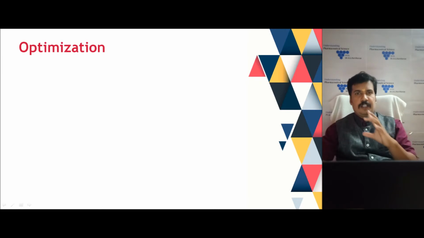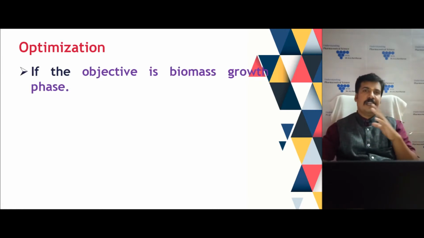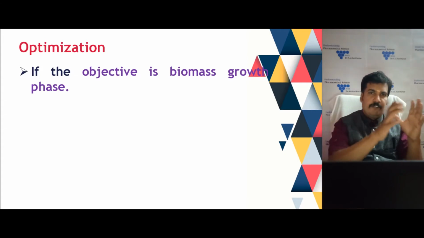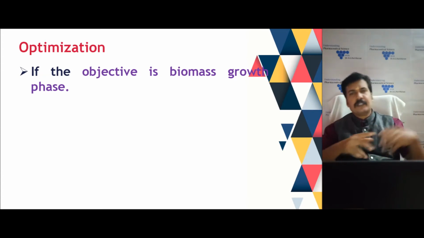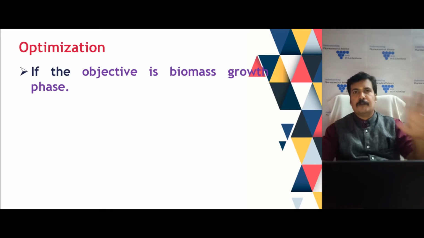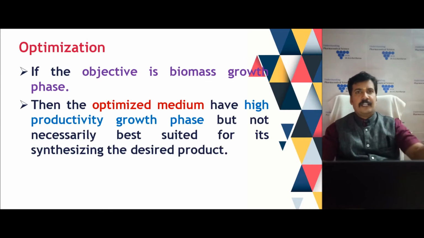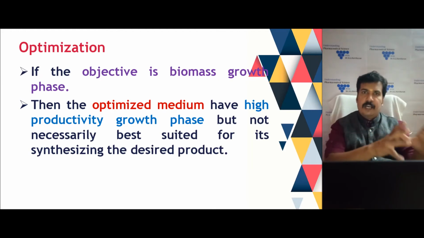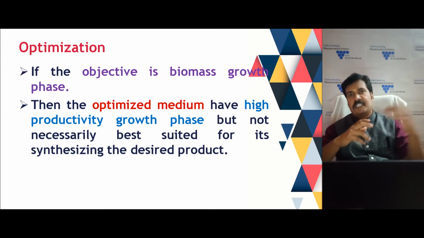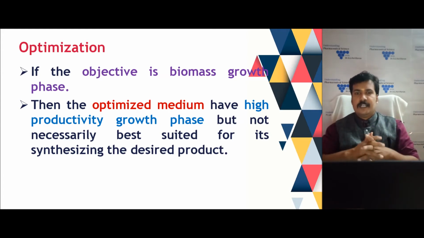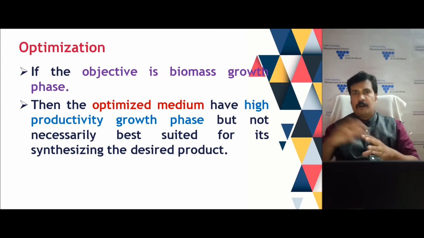When we consider optimization, our objective should be very clear. Whether we need biomass growth, that is the microbial population growth, or product formation. If my objective is only biomass growth, then at the end of the optimization my media can give a high productivity of biomass, but it is not necessarily best suited for product formation.